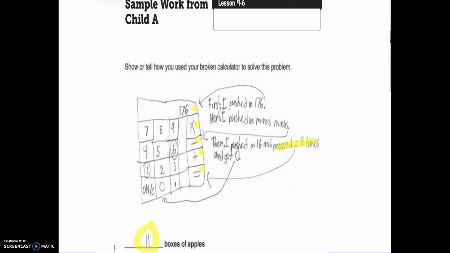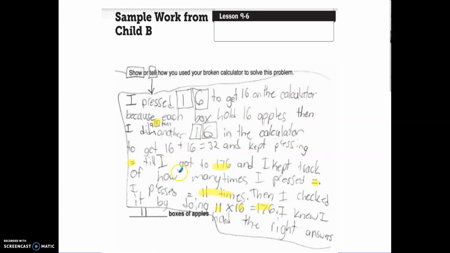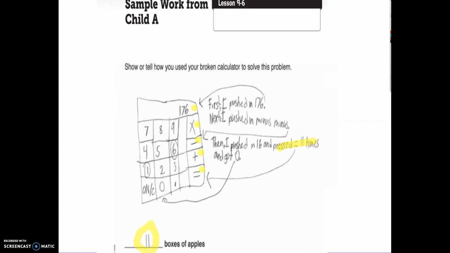Okay, and child B used repeated addition. So they added 16 plus 16 plus 16 plus 16 until they got to 176. And child A started at 176 and repeated minus 16 minus 16 minus 16. So they both made their calculators do an operation over and over and over again until they got the answer.